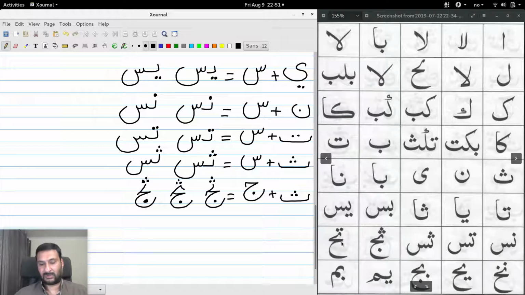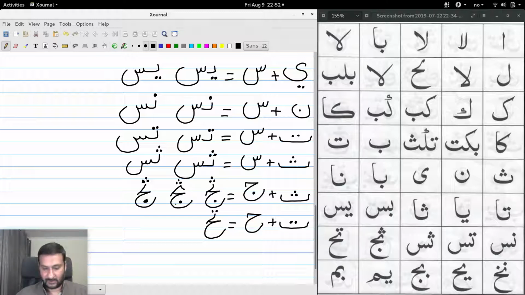So now comes another interesting letter, which is ta and ha. This is a word, of course, ta and ha, a combination of these two letters. Ta and ha becomes ta-ha. Let me write that again for you. So this is a small line here and then immediately joined with ha.